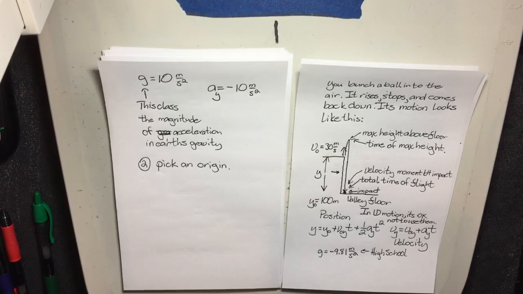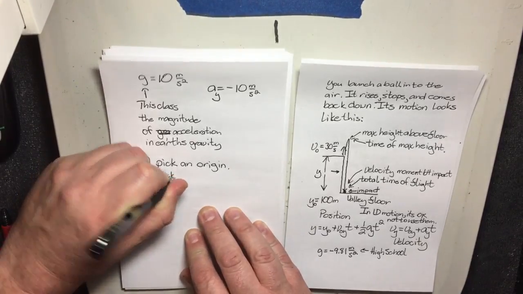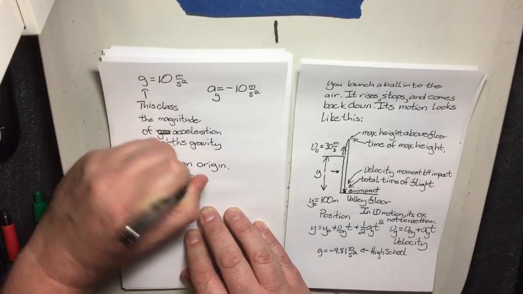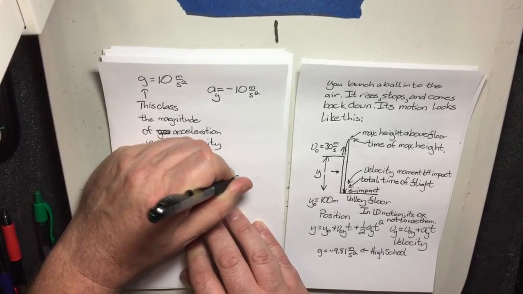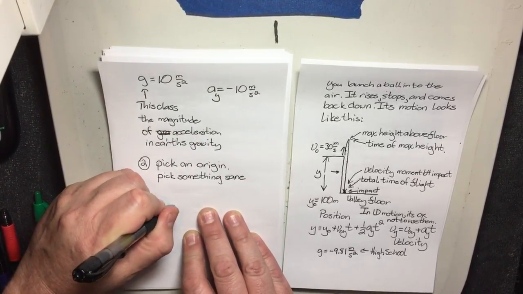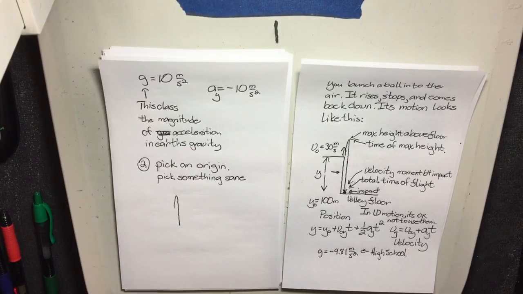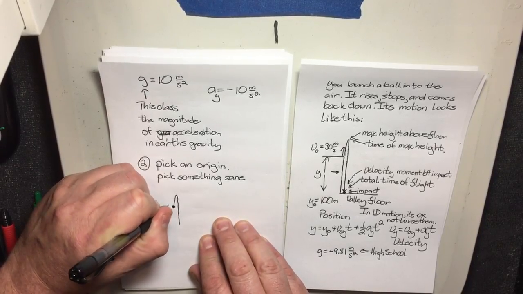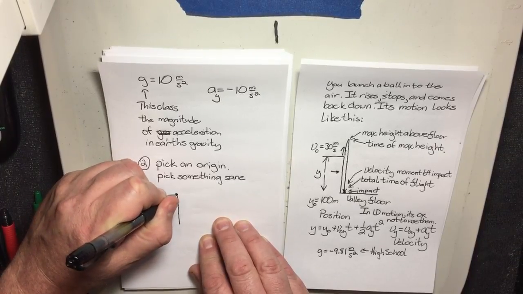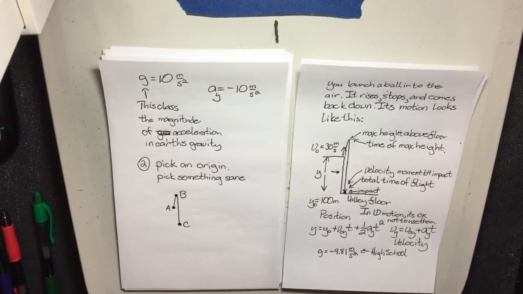So pick something sane. There really are 3 points where I would consider legitimate locations for origins. One is a little less sane than the other 2, and that would be the starting point, the top of the curve point, and the impact point.